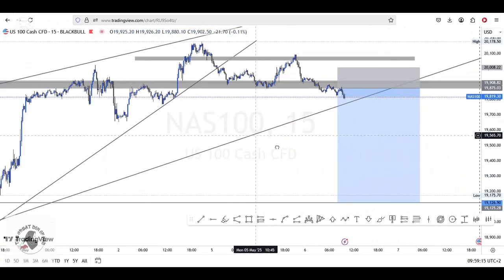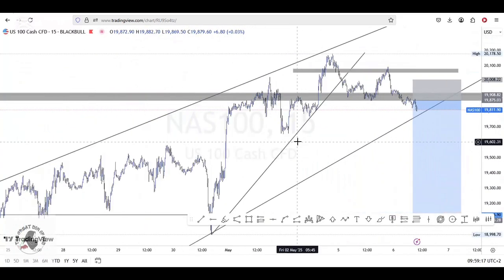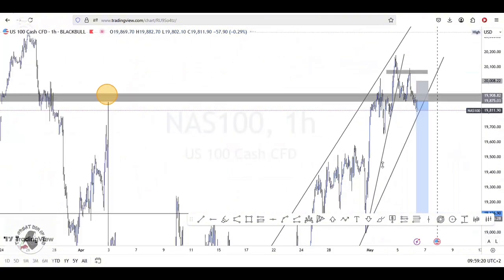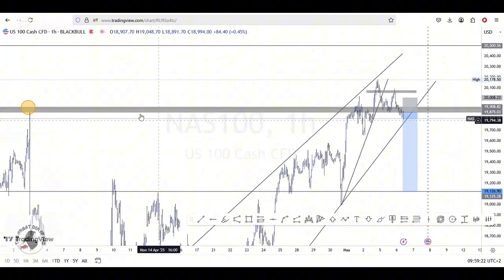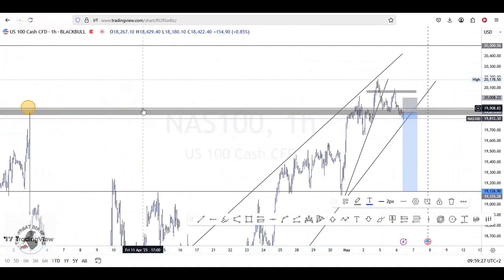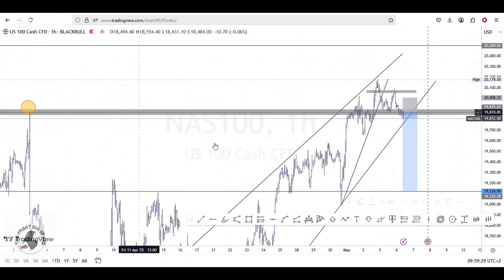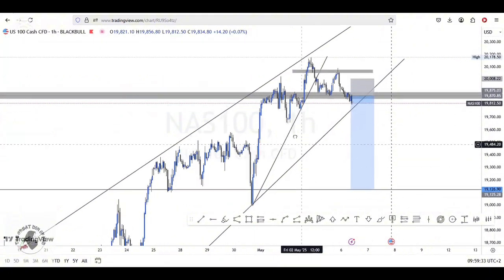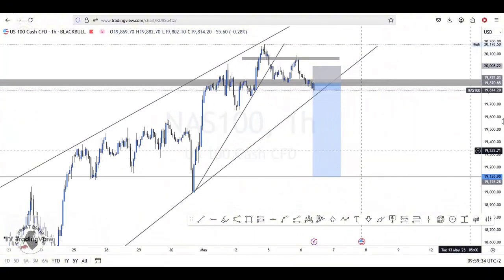You understand? I hope everyone understands this one, guys. We're looking for more sales on Nasdaq. Nasdaq selling opportunities this week are more advisable. Just take selling opportunities to here. You understand? So this is the setup. This is a clean setup.